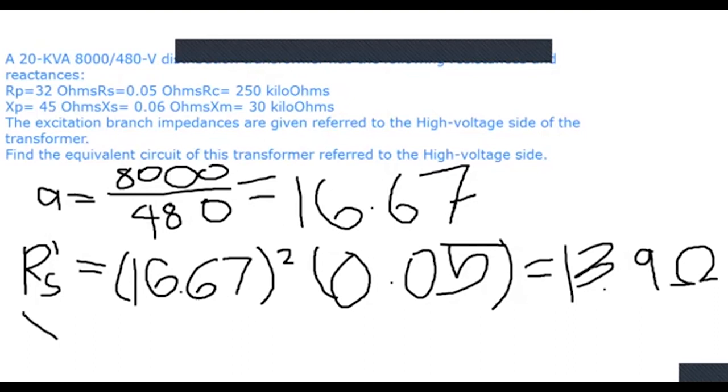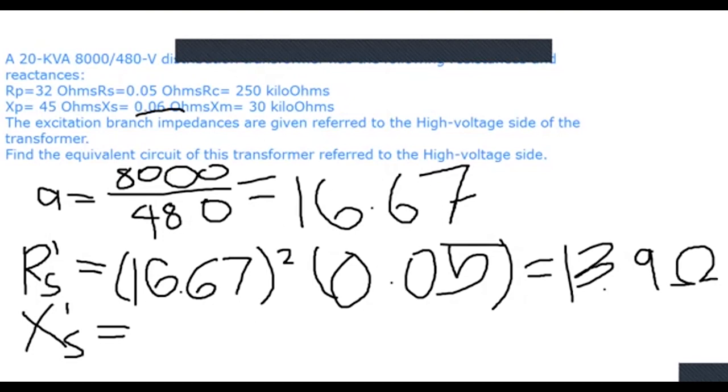Now we will go to the reactance. Again, we will get the secondary reactance as referred to the primary side. We have the reactance 0.06 ohms.